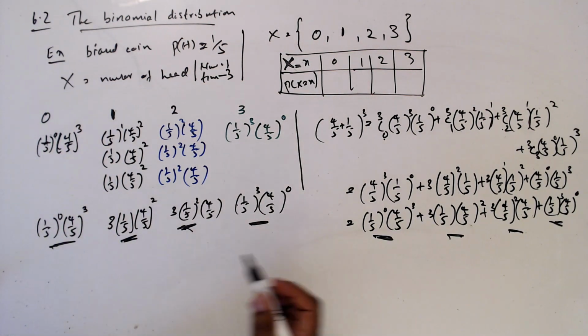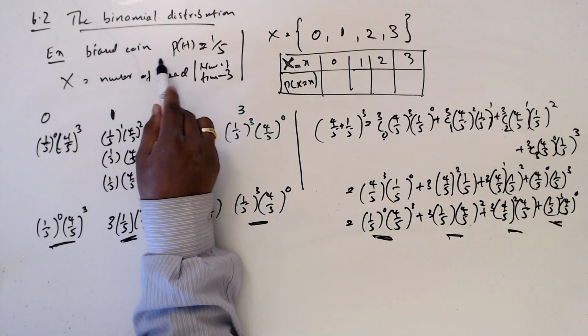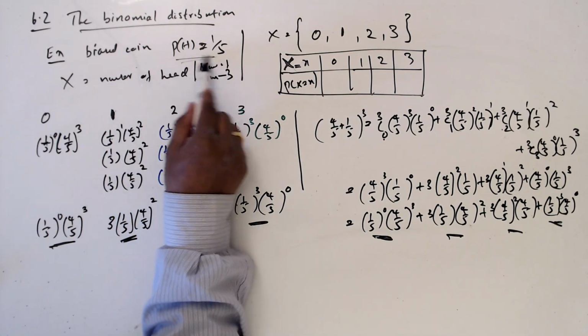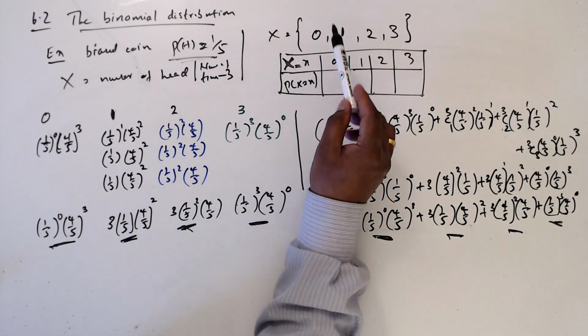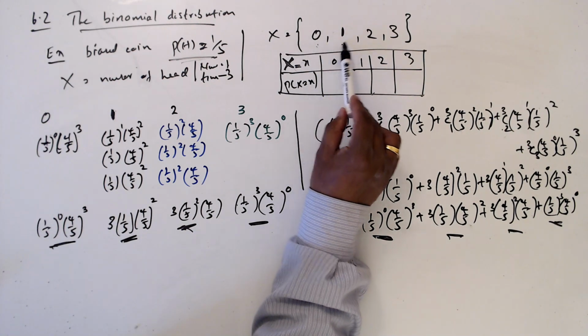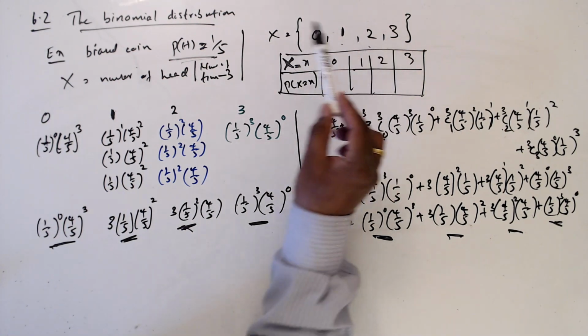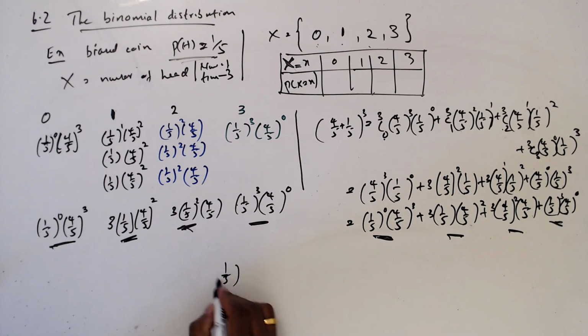Now you can see that with the biased coin the probability is 1/5. So we have four options: either we get no head, one head, two heads, or three heads. Getting one head is 1/5.